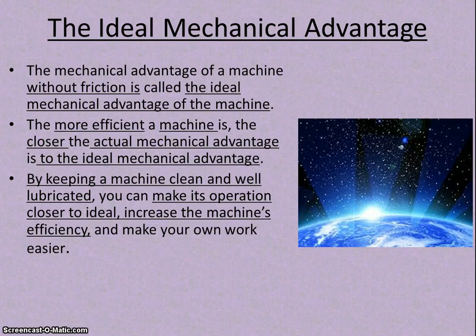Ideal mechanical advantage, right? Without friction, mechanical advantage, efficiency, that ideal situation is always going to be thwarted by friction. We can lubricate our machines, oils and greases, those sorts of things cut down on that friction.